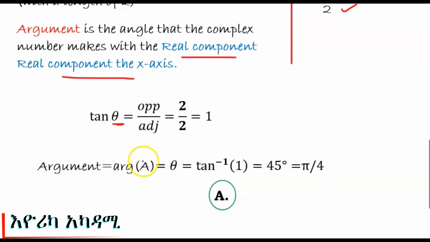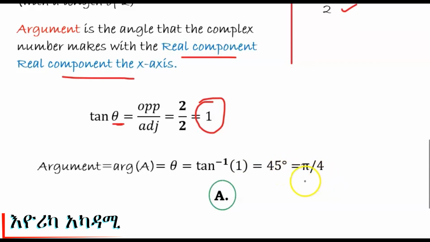To find theta, the argument of the complex number a, we take tan inverse of 1, the value we found for tan theta. Tan inverse of 1 is already known: it is 45 degrees. 45 degrees in radians is pi over 4; we multiply 45 degrees by pi over 180.